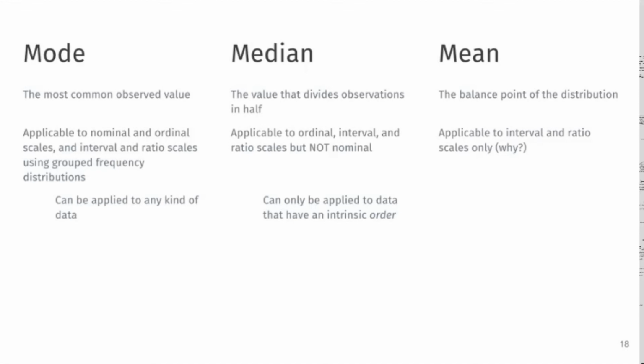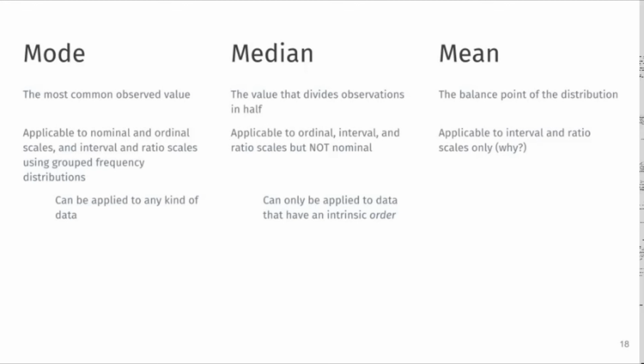Now, the mean is more restrictive still. The mean can only be applied to interval or ratio scale data. Thinking about how the mean is defined may let you know why that is. Remember that to compute the mean, we have to add up the observations that we've had.